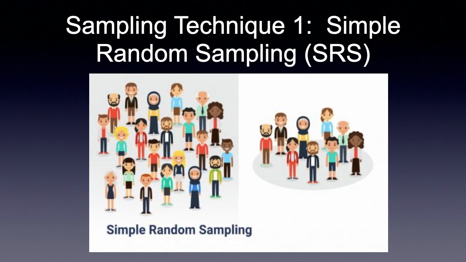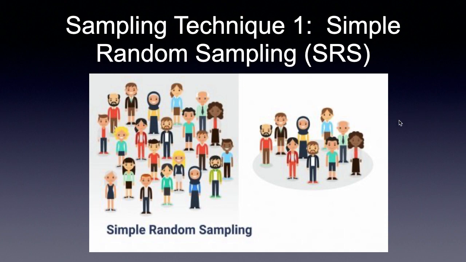So this will eliminate any sort of bias that could be generated towards gender, towards race, towards socioeconomic status, towards religious preference, political preference, and so forth, because we have access to the whole population and we just randomly select through a random number generator.